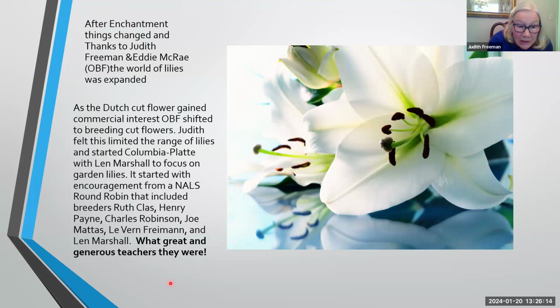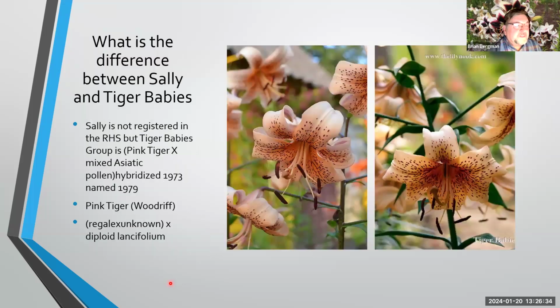So that was what I did. But it's not as interesting if they've all got to have upright flowers and short stems and short leaves. You think how huge the genus Lilium is, and I wanted to expand it as widely as possible. And the people in our round robin had all kinds of great ideas and told me how to go about it. Okay, next slide.